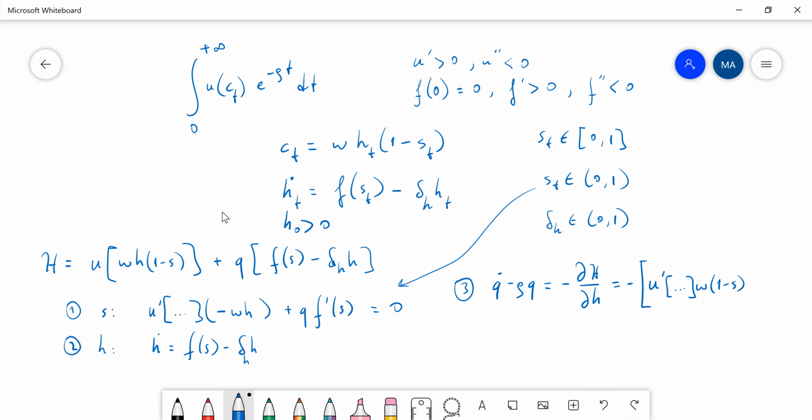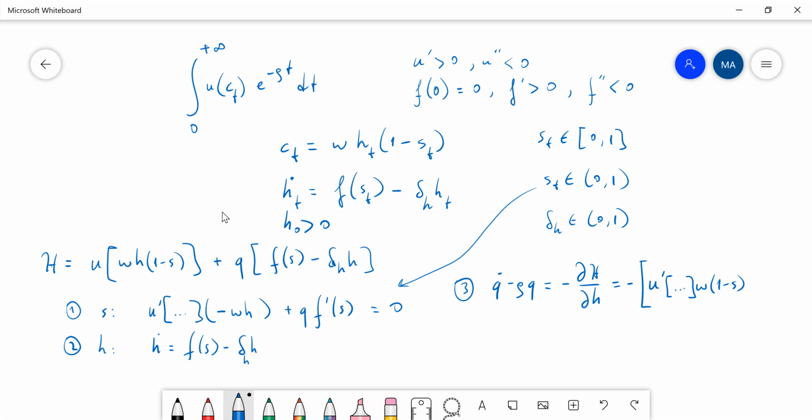The derivative of this with respect to h is w times (1 minus s), right? So the derivative itself, then the derivative within the function: w times (1 minus s).